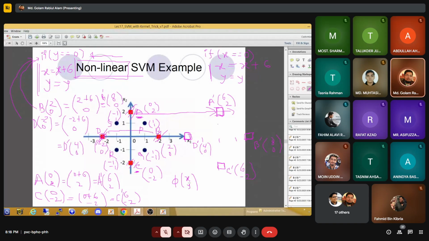x plus 6, and y will not change, if x equals 0 or y equals 0.